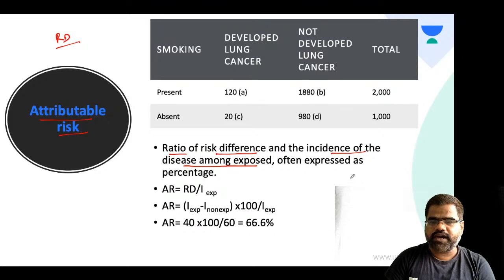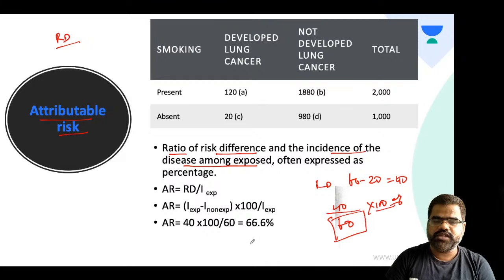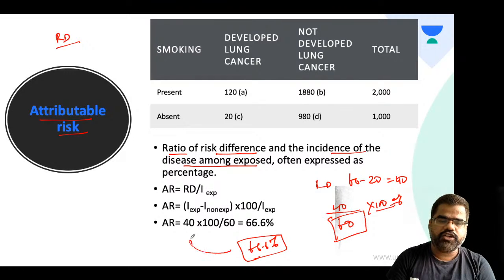If you remember, RD was 60 minus 20, which is 40. This is my risk difference. So 40 divided by 60, because this is my exposed group incidence, and express it as a percentage. So your value is 66.6%. So this is my attributable risk.